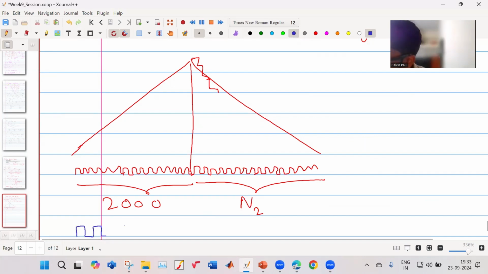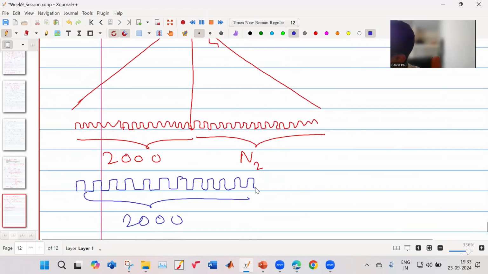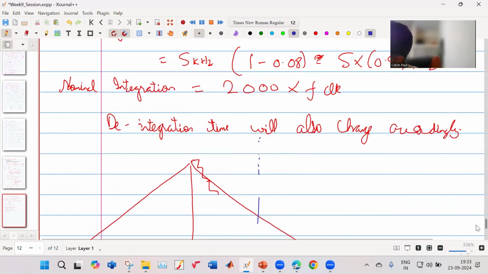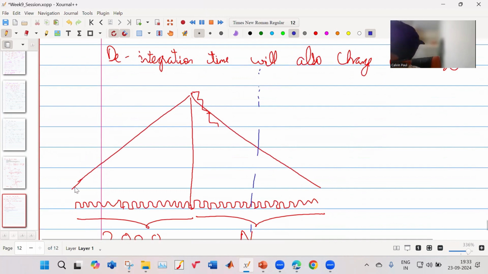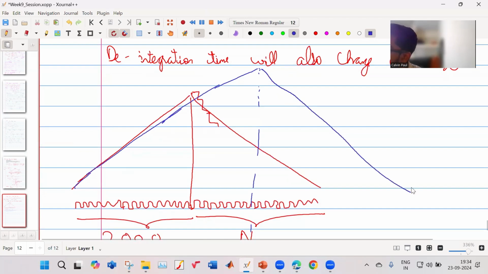That means it will take more time. So this will keep on counting in such a way that this becomes 2000. This is a slow clock, so this will instead go like this, reach over here, and then further reduce.